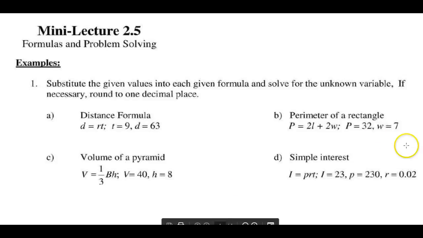In section 5, we're going to be dealing with formulas and problem solving.